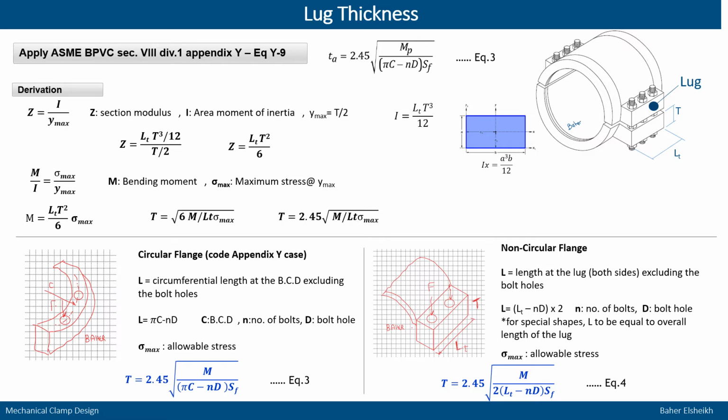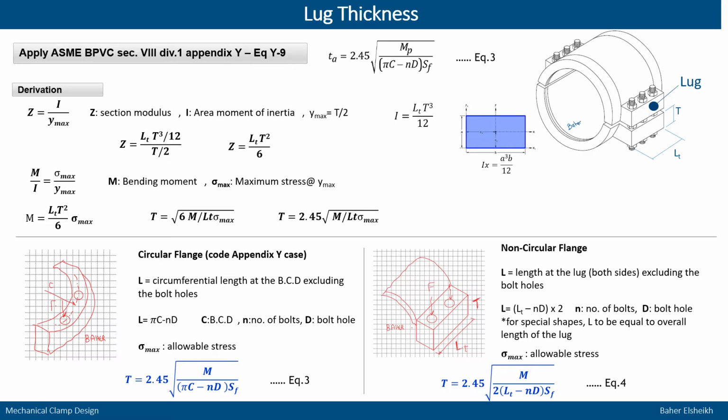And the sigma maximum, from the perspective of mechanical design, we will consider it as the allowable stress. So substituting L in this equation by what we have got here, and sigma maximum by the allowable stress, we will find that this equation can be expressed as 2.45 square root of M over pi C minus ND multiplied by S, which is the same equation you get from Appendix Y.